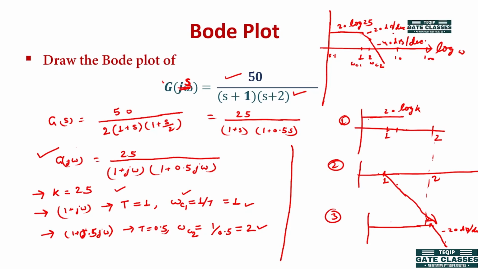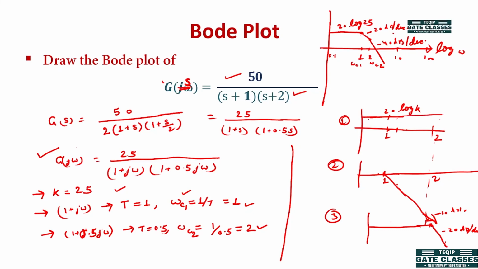Okay, and then after this point, in this we have a slope of 0 dB, in this we have a slope of minus 20 dB per decade, in this we have a slope of 0 dB. So we have a total slope of minus 20 dB per decade till omega 2. At omega 2 we are having this minus 20 dB per decade slope, and here we have a 0 dB slope.